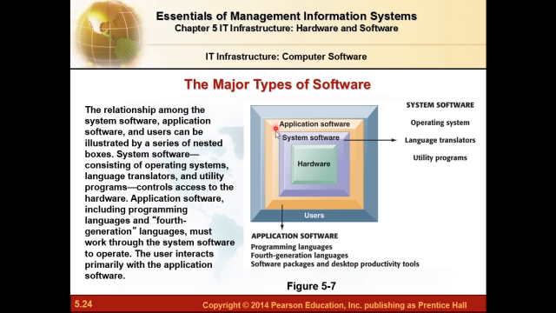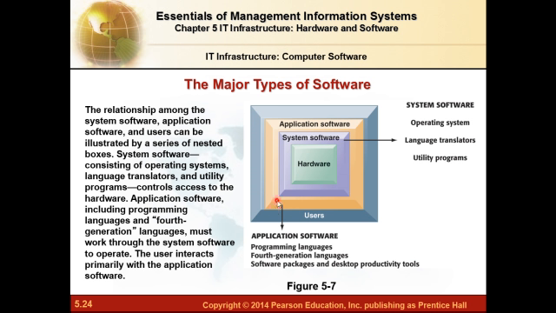And the application software, the level or the box that is near to the user, is comprised of programming languages, fourth generation languages, and also software packages and desktop productivity tools that interact primarily with the application software and also user.